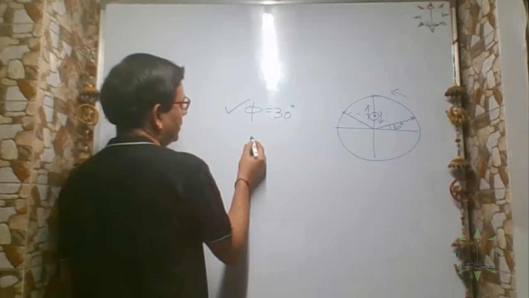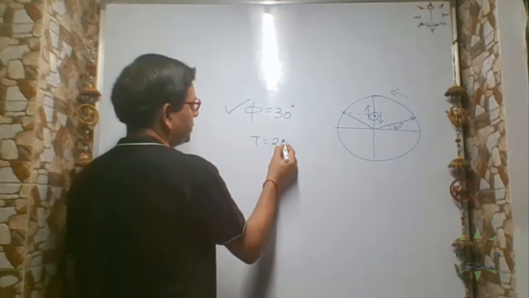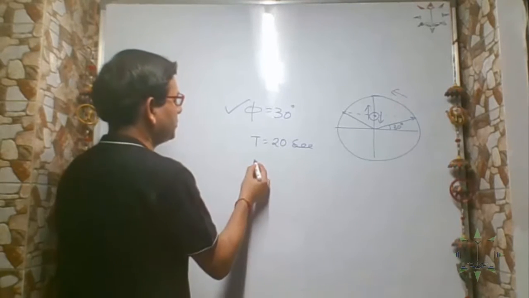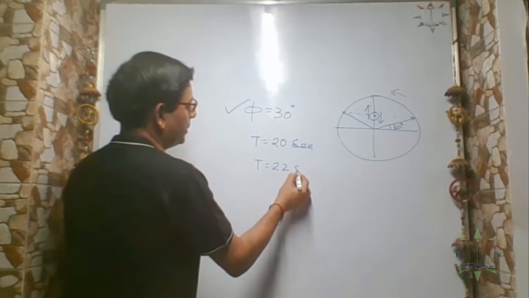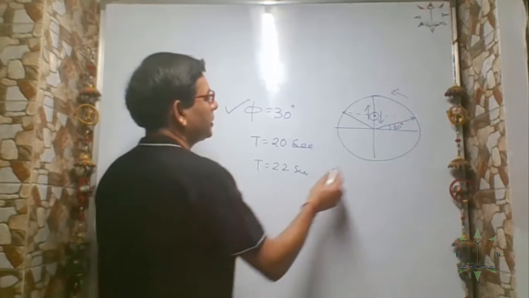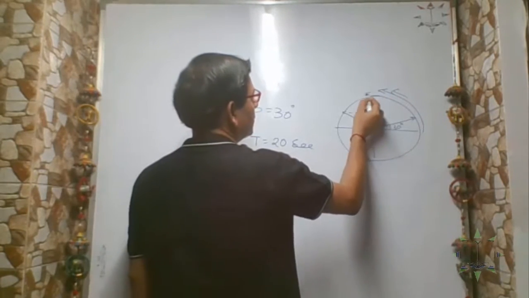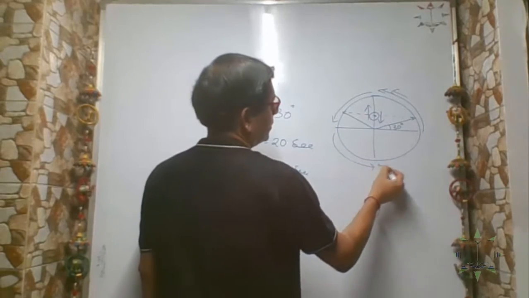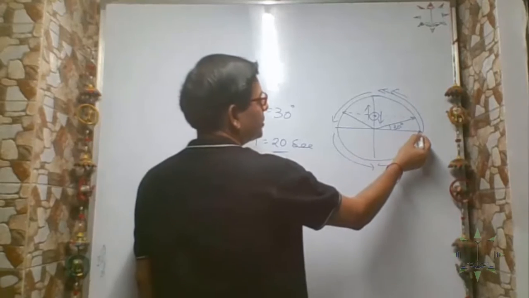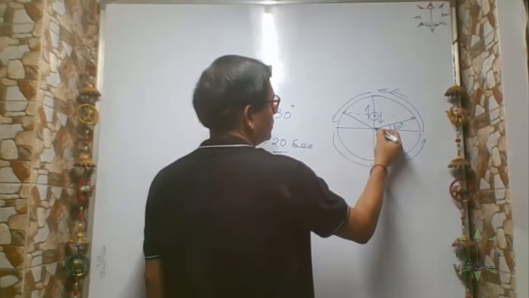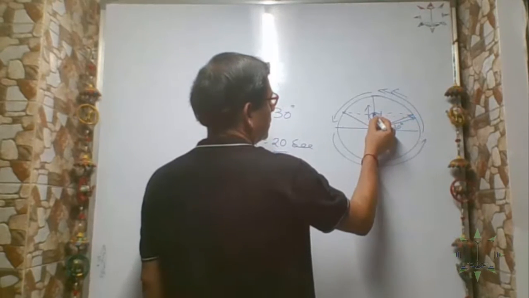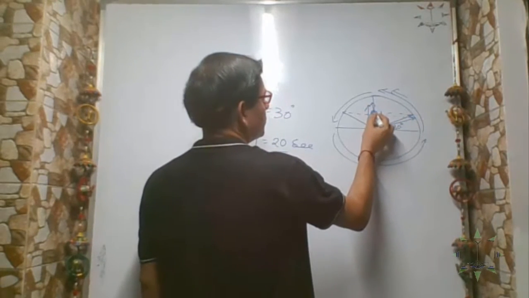If I say that the time period of a particle is 20 seconds, then at, suppose, 22 seconds, where is the particle? In this case, 20 seconds means each quadrant it will take 5 seconds. So it has already covered 20 seconds and 22 seconds means 2 seconds more. So suppose the particle is here, going up, and this is the position of the particle.